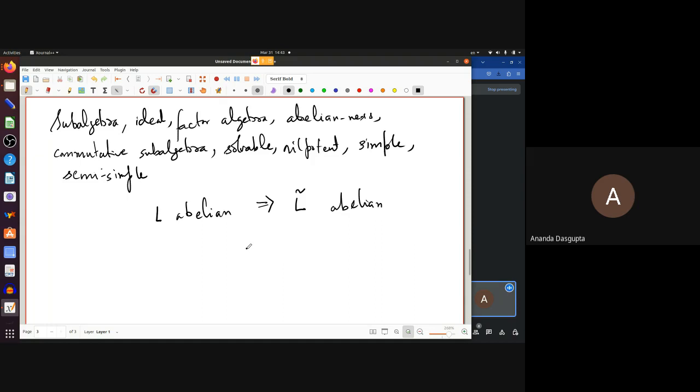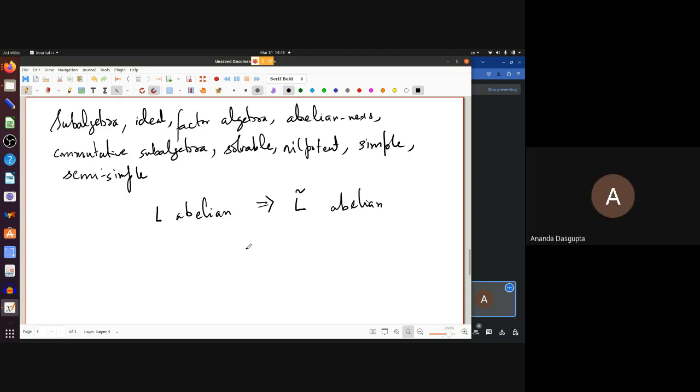What about L then? The Lie algebra which you complexify to get L tilde. No, this should be very easy. It should not be true. If L tilde is abelian, then it doesn't imply L is abelian.